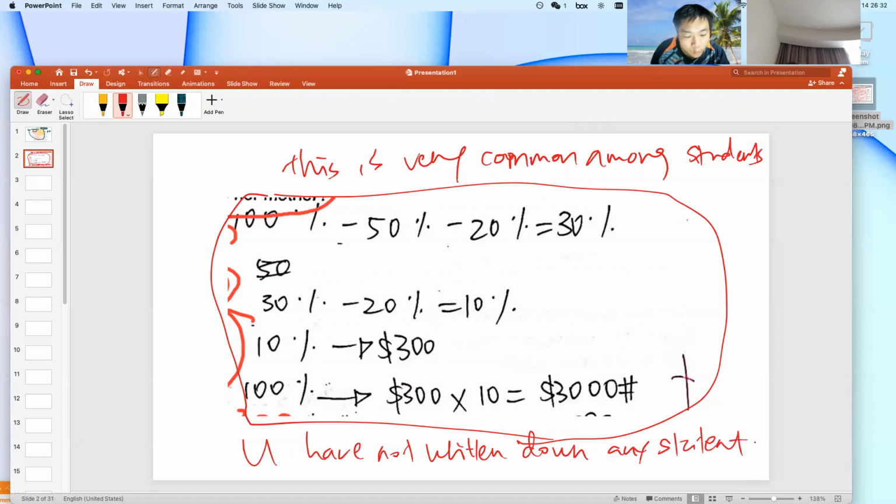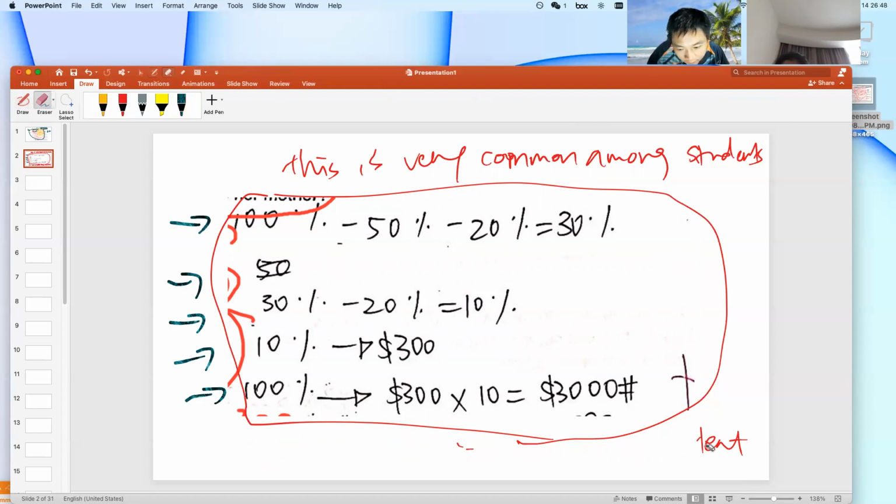When you don't have any statement, you don't even know what all this is. When you have no statement for this or everything here, you tend to find the 100%, and then you tend to stop at this.